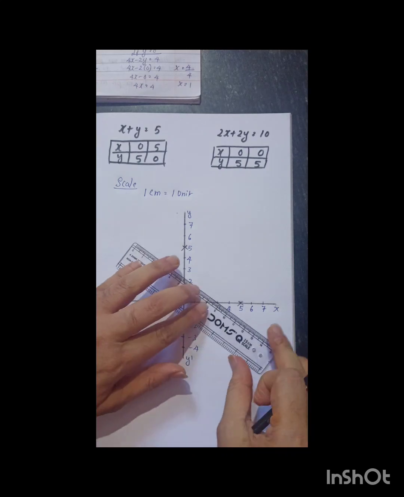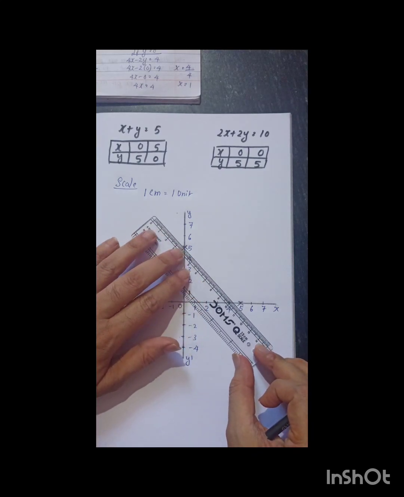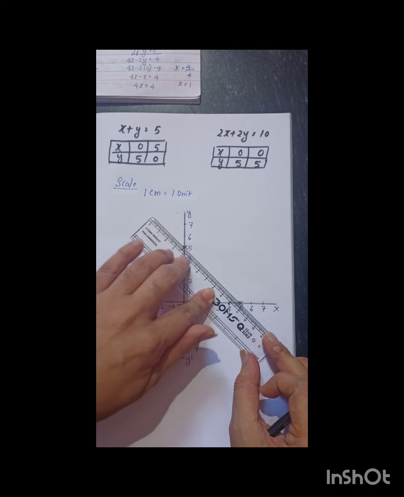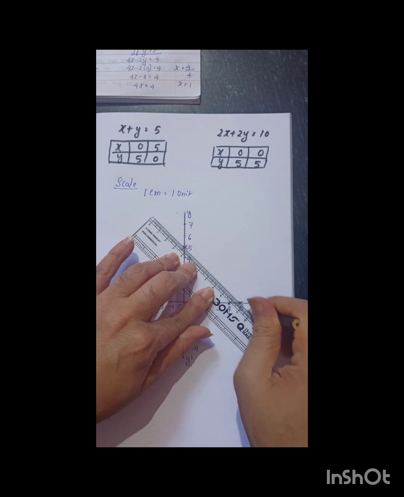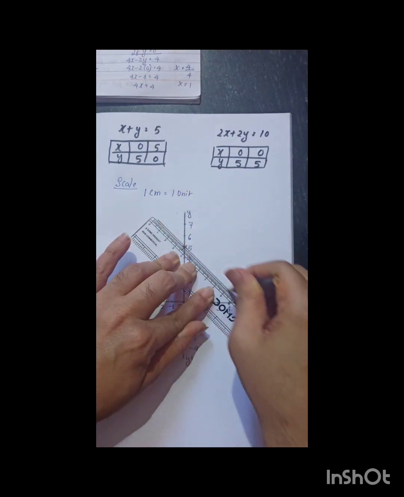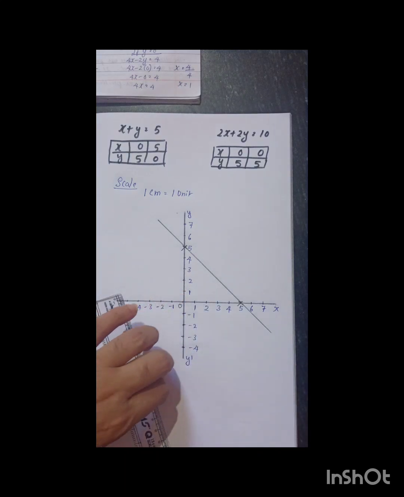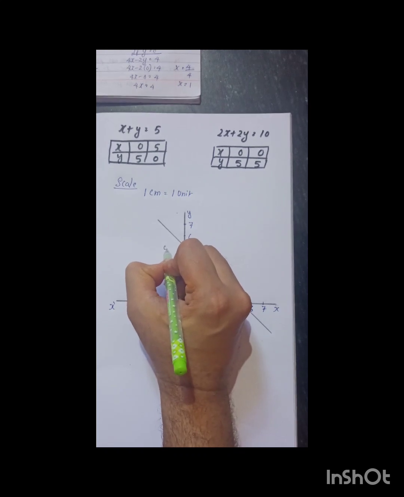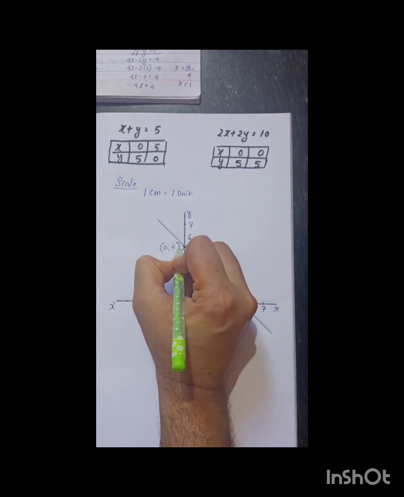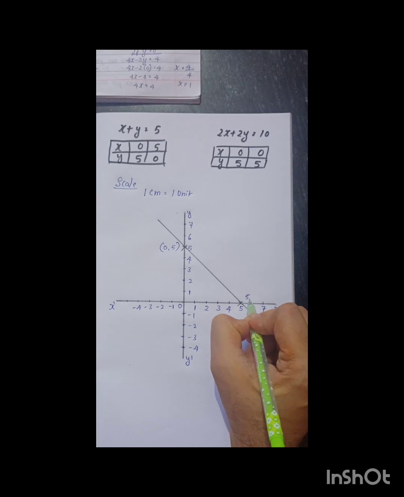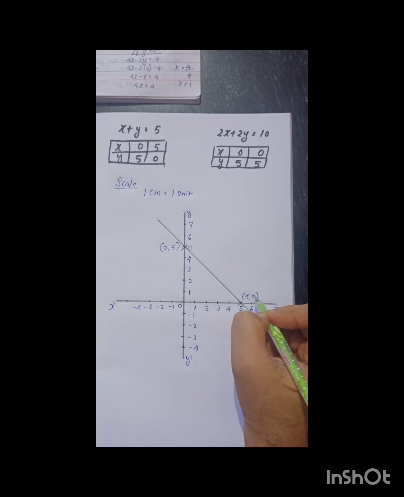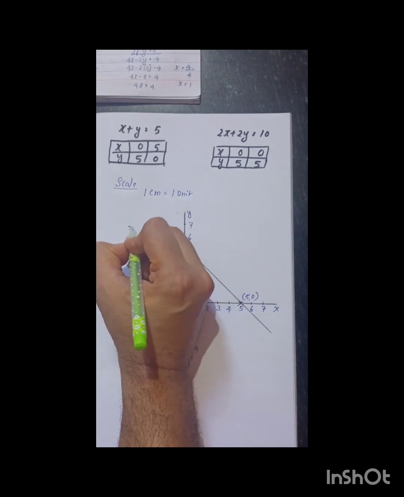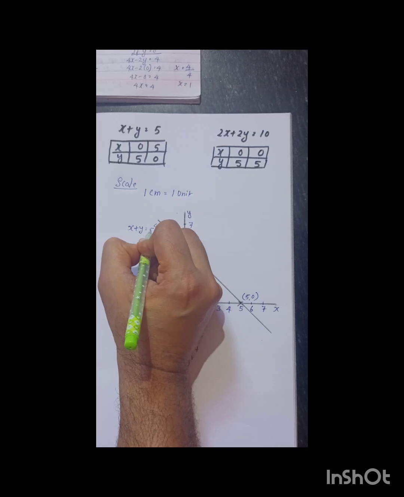Now join the lines. So this is 0, 5 and this is 5, 0. It is the line of x plus y equals 5.